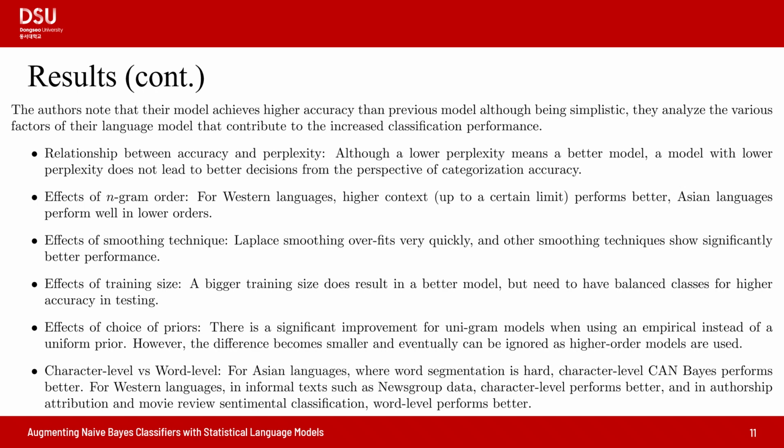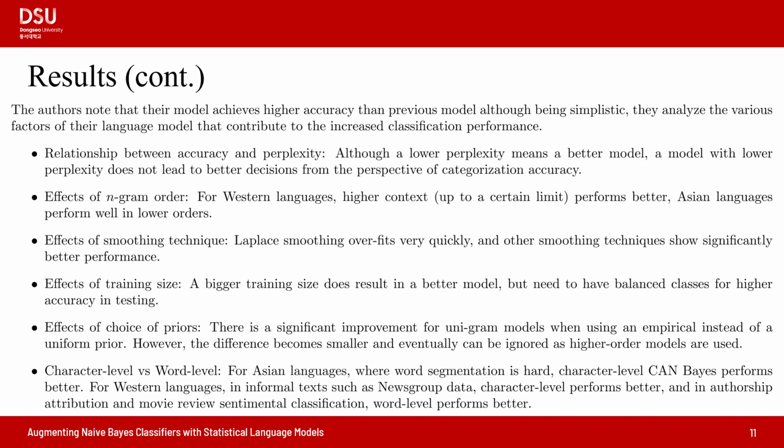They showed the relationship between accuracy and perplexity, where a lower perplexity might be better, but it does not always mean it can lead to better decisions in the categorization accuracy. On the effect of n-gram, they see that for Western languages a higher context is better, but for Asian languages a lower one performs better. And for smoothening, they found that Laplace overfits, but other smoothening techniques are very similar in performance.